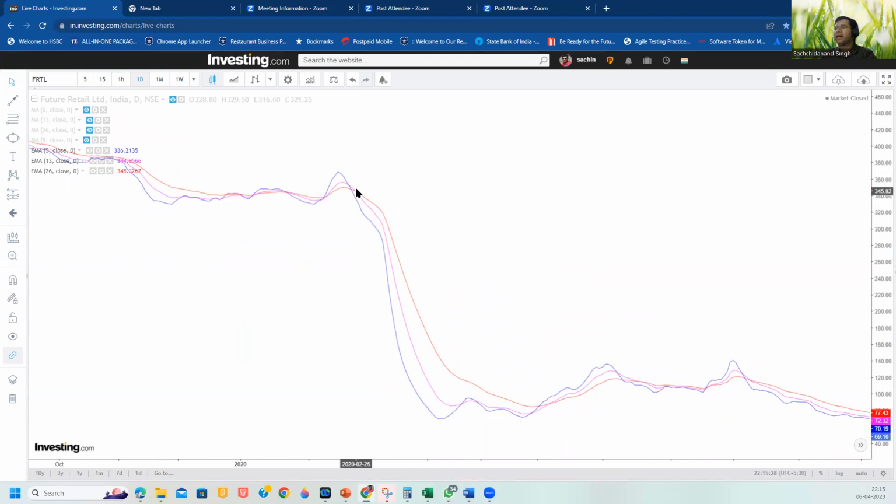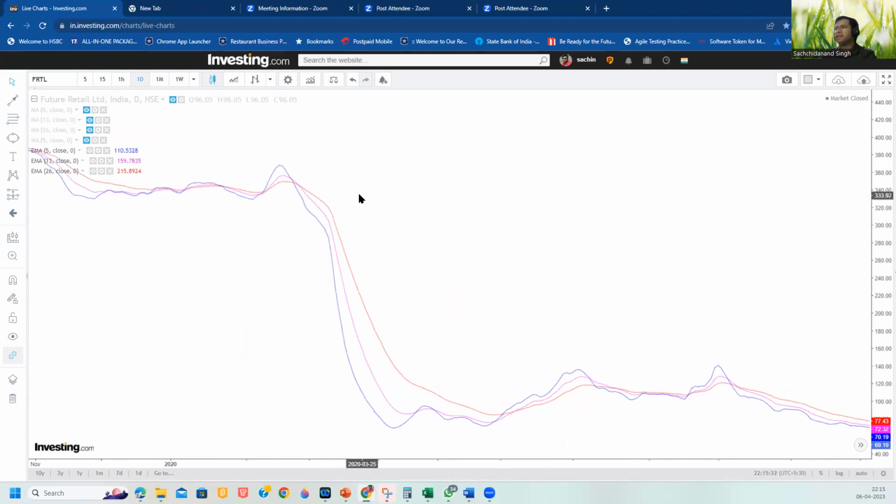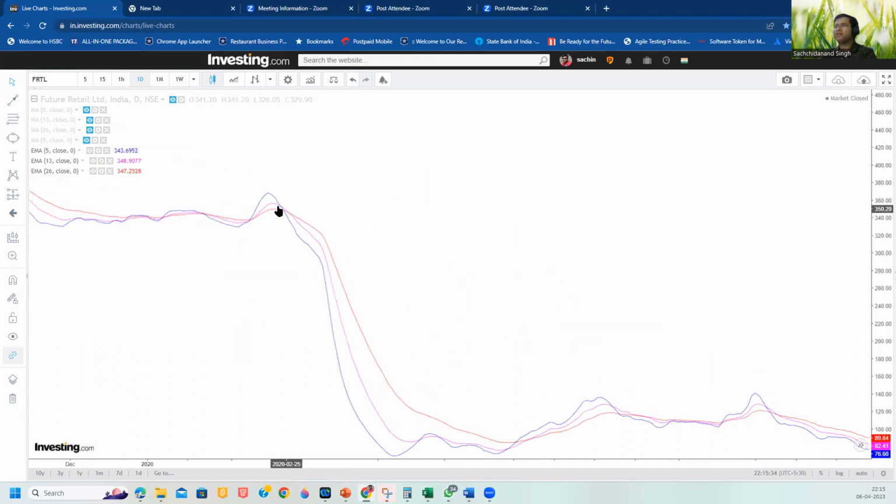As a closure, these three lines making the closest crossover is the ideal one. So at this point of time, somebody could have entered the market, maybe a short entry. And at this point of time, they could have exited.